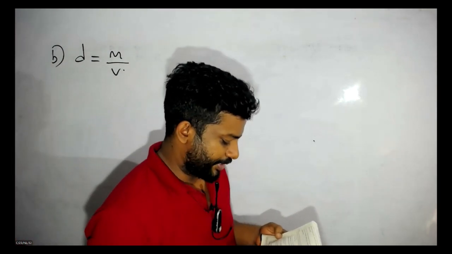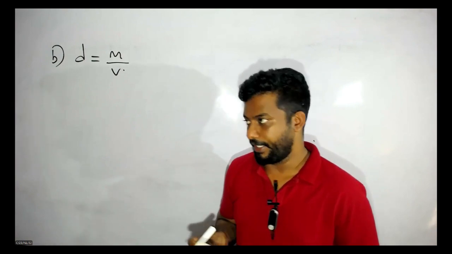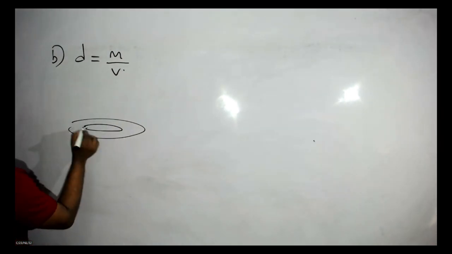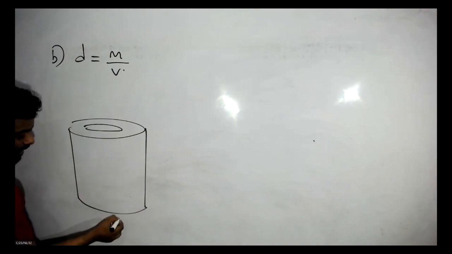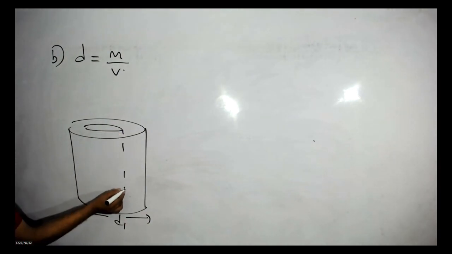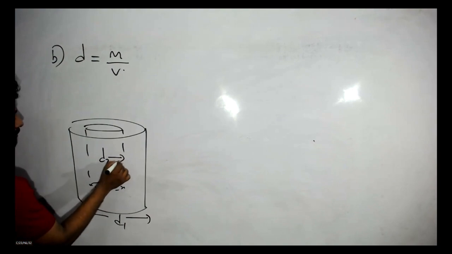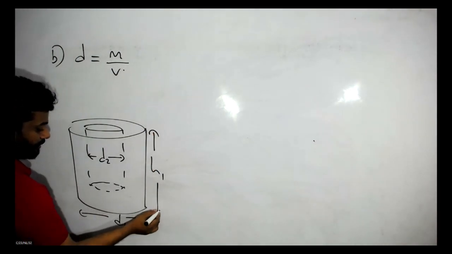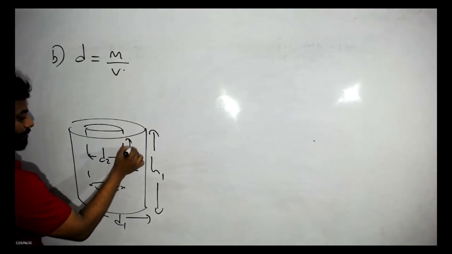In addition to measurements, outer diameter and inner diameter of the container, they have given a diagram. This one is the outer diameter D1. This one is the inner diameter D2. Then external height H1, internal height H2.